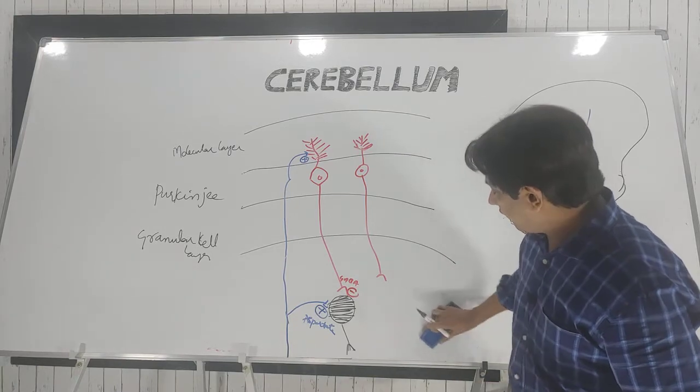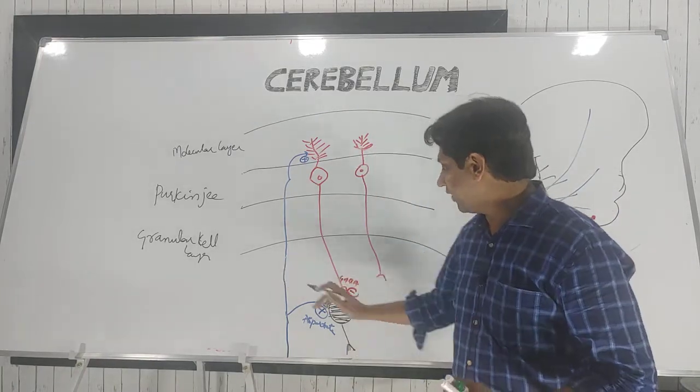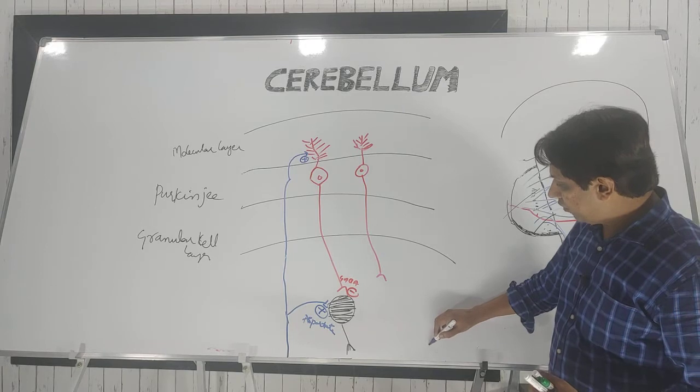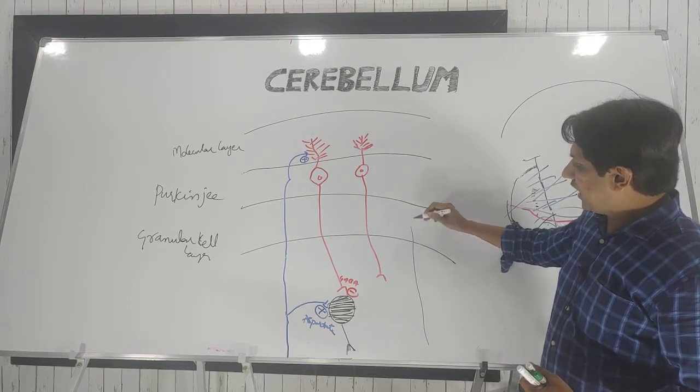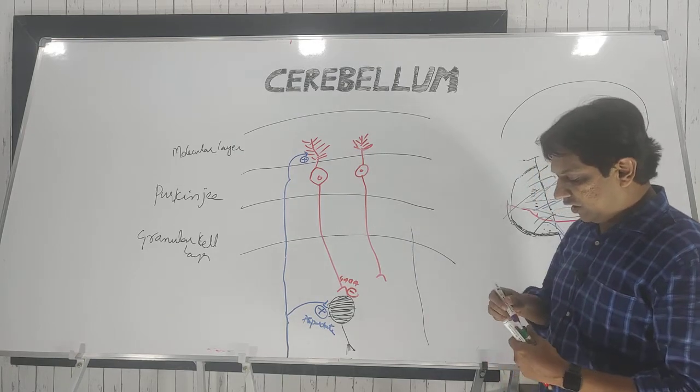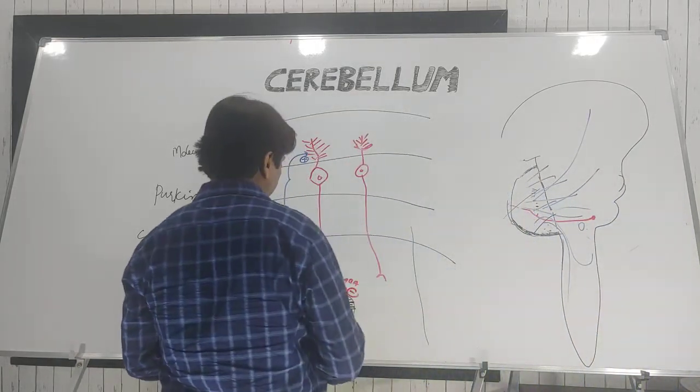So you know two types of afferent fibers: one is the climbing fibers and another is the mossy fibers. Mossy fibers also enter up to the granular cell layer, and they also give connections to the deep cerebellar nuclei.